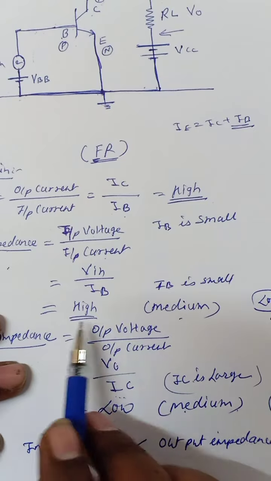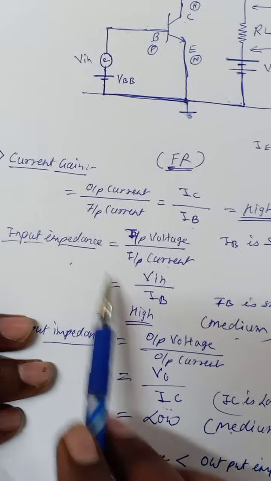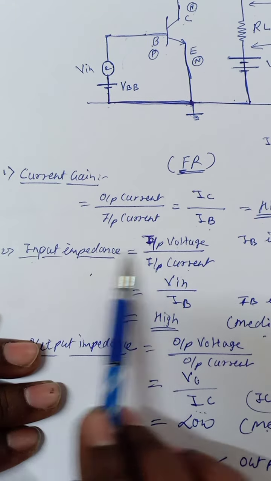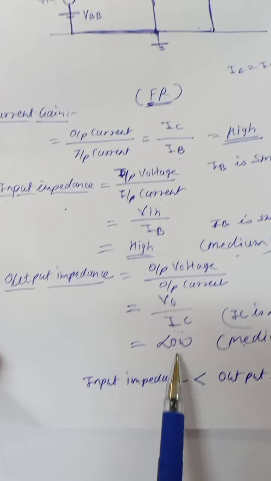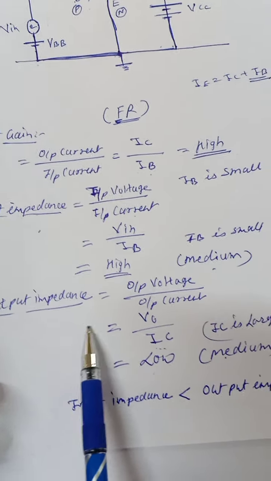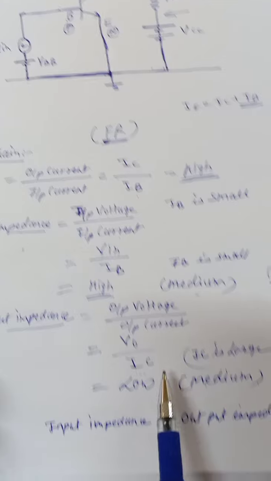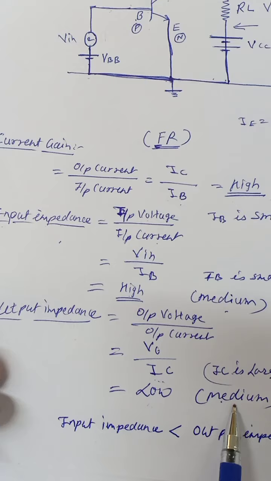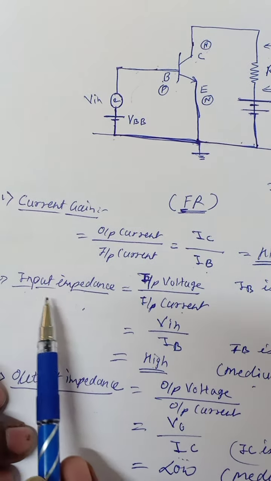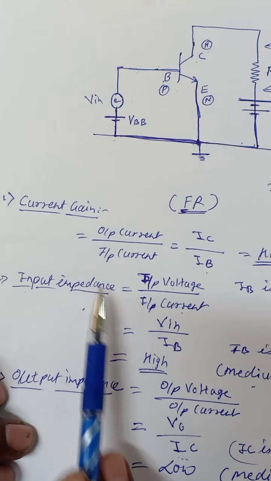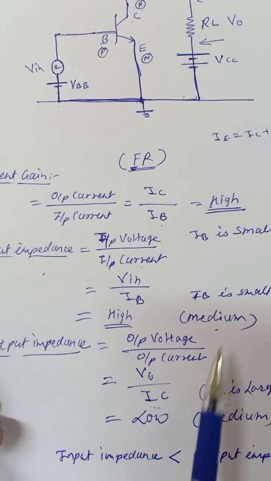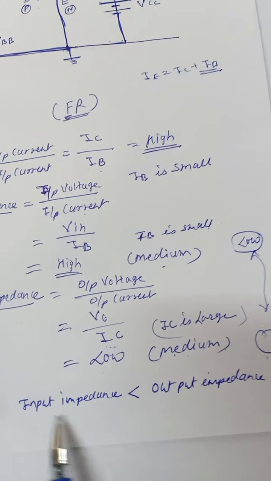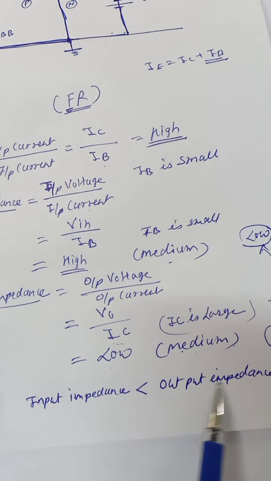This comparison is among the input impedance of common base, common collector and common emitter, and this one is among the output impedance of common collector, common emitter and common base. If you compare these three, you get low and medium, but the actual value is medium. So input impedance is less than output impedance.